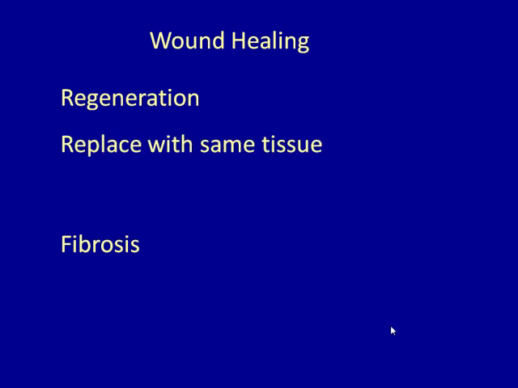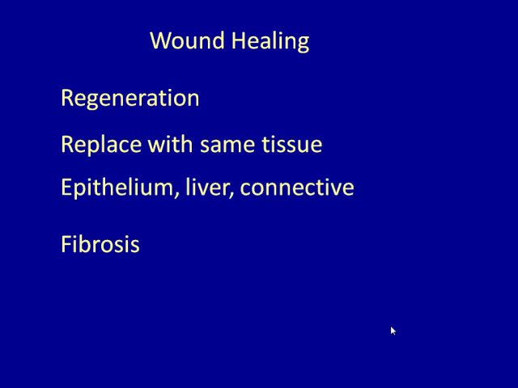Whenever you have damage to your body, you have some sort of healing that must go on. Ideally, this occurs as the result of regeneration. Sometimes it occurs as the result of fibrosis. Now, with regeneration, you replace with exactly the same tissue type.